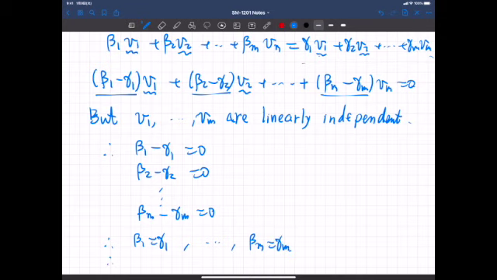Therefore, the representation is unique. And we are done.